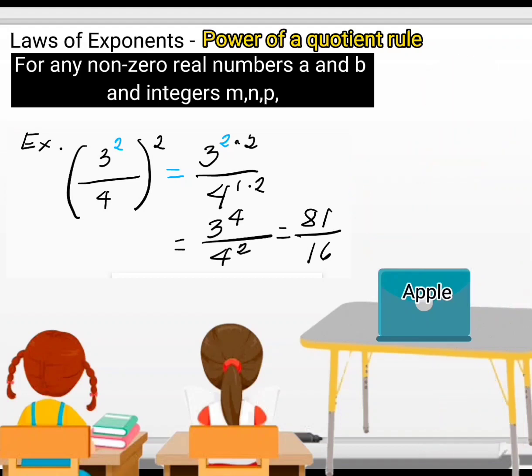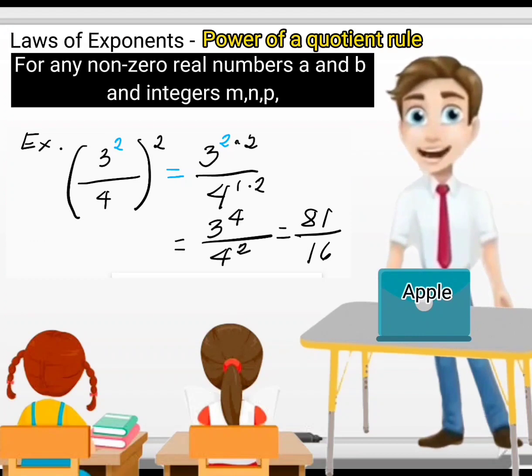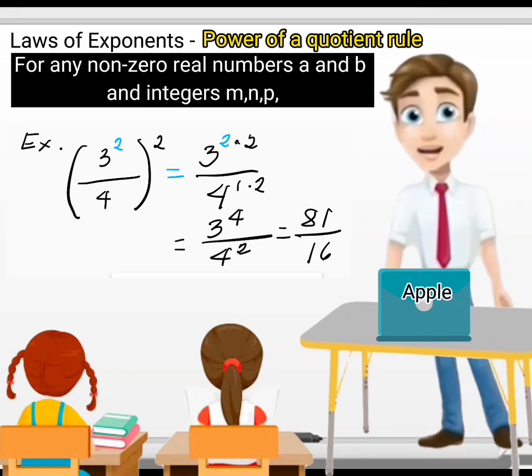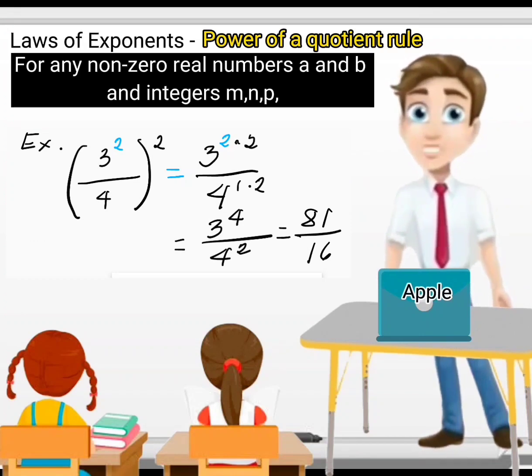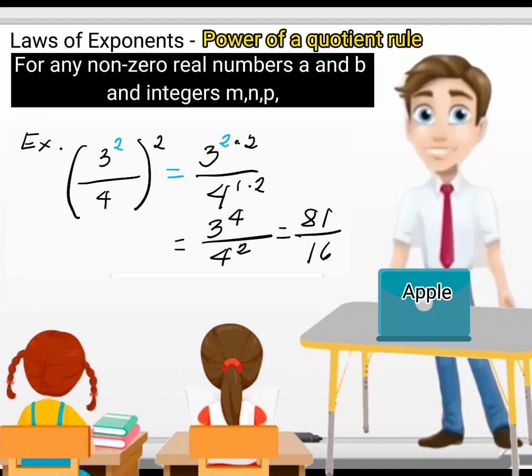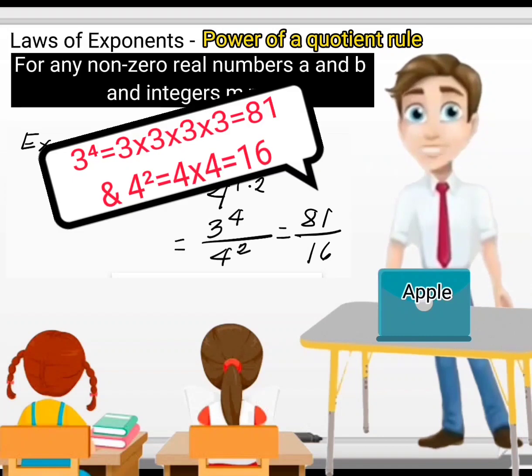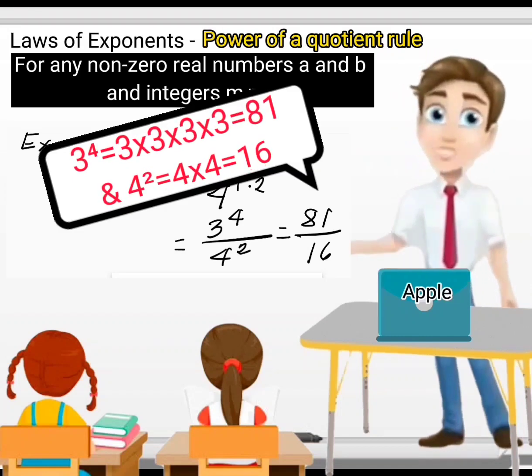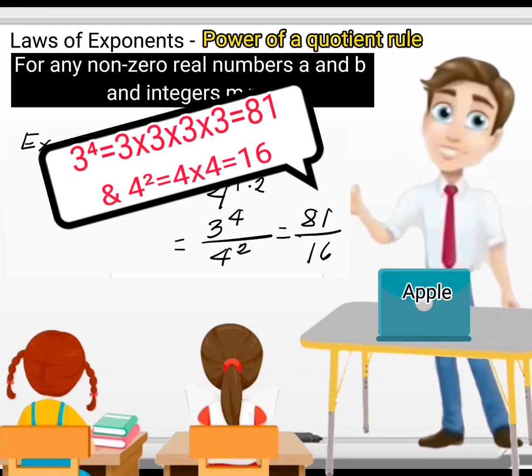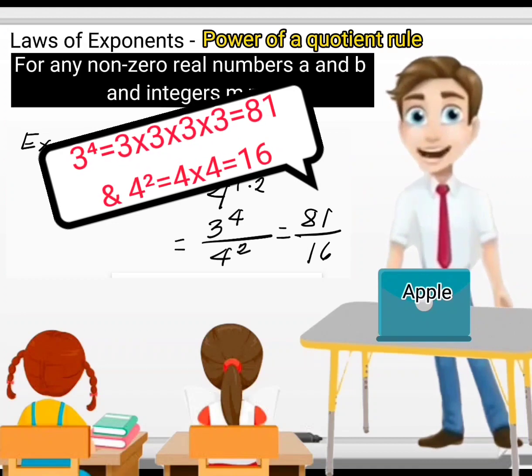And then if we simplify the numerator, we have 3 raised to 2 times 2, so 2 times 2 is equivalent to 4, so we have 3 raised to 4. And in the denominator, 1 times 2 is equivalent to 2, so we have 4 raised to 2. And then if we're going to expand it, that is equivalent to 81 all over 16.